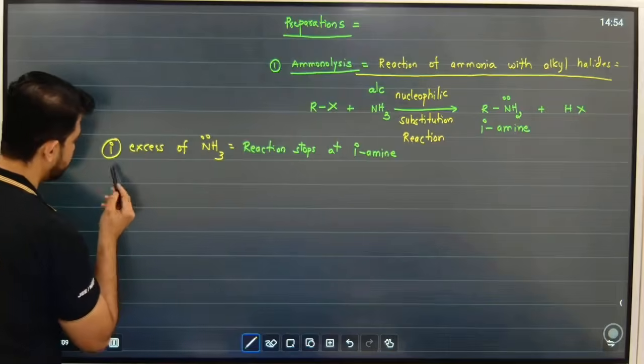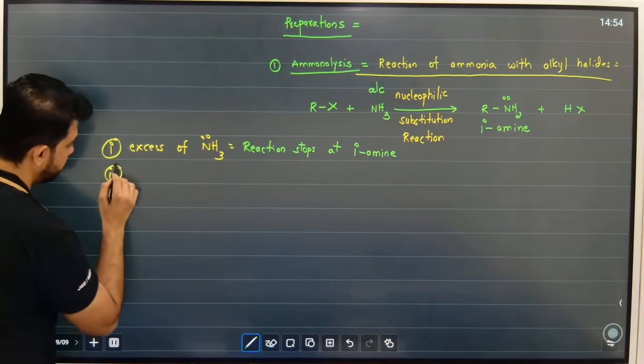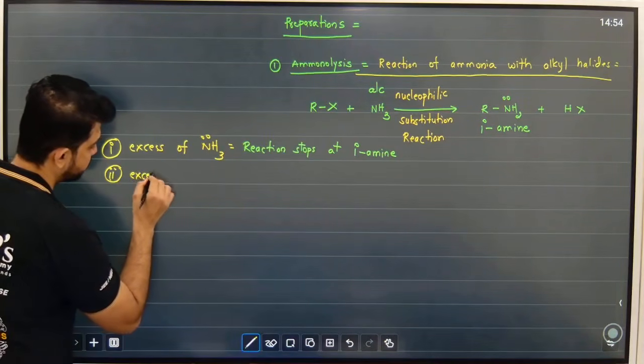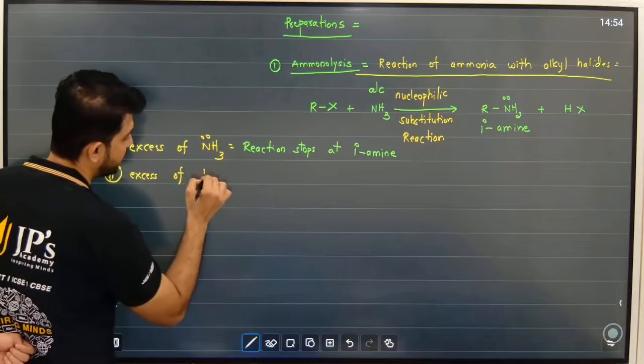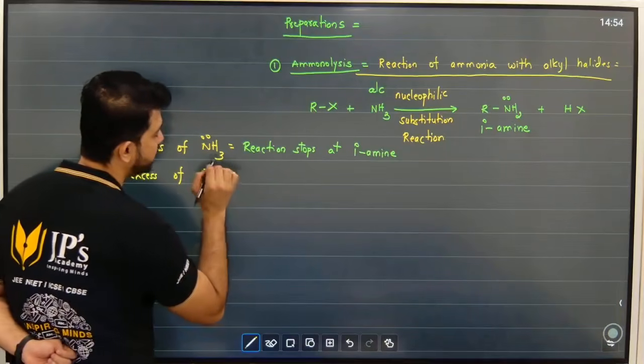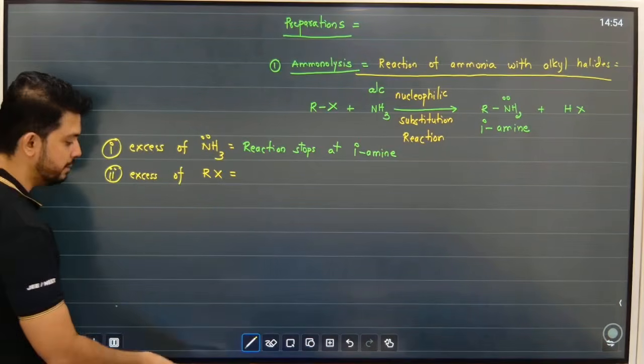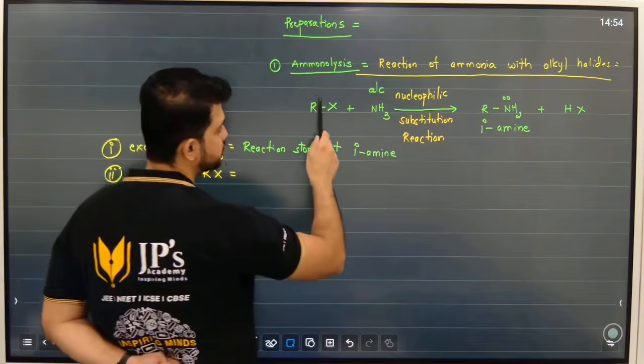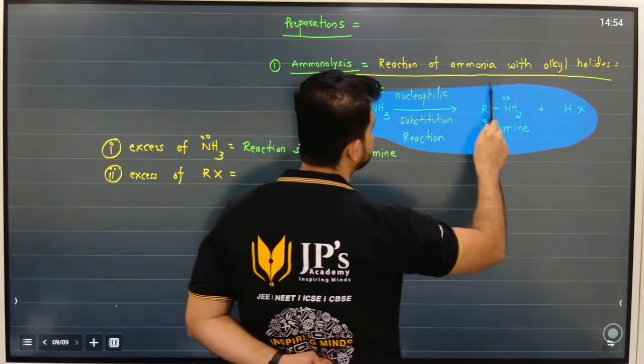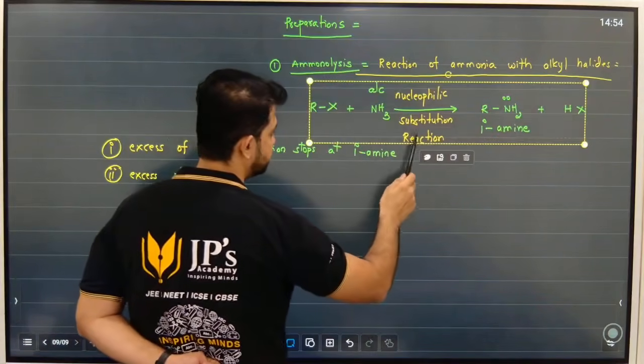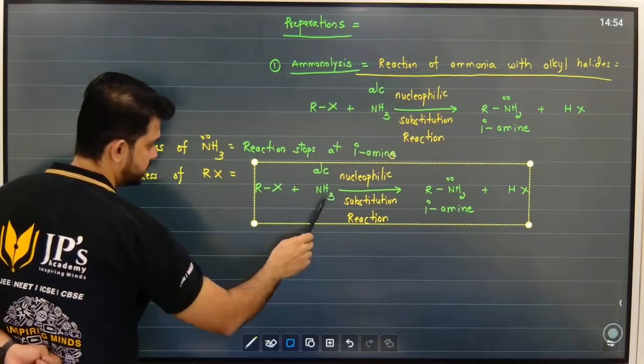But students, look at condition number 2. What if we have excess of alkyl halide? अगर वो haloalkane excess में है तो क्या होता है? Students, the reaction doesn't stop at the primary stage. So first step तो यही होता है. The first step remaining the same.